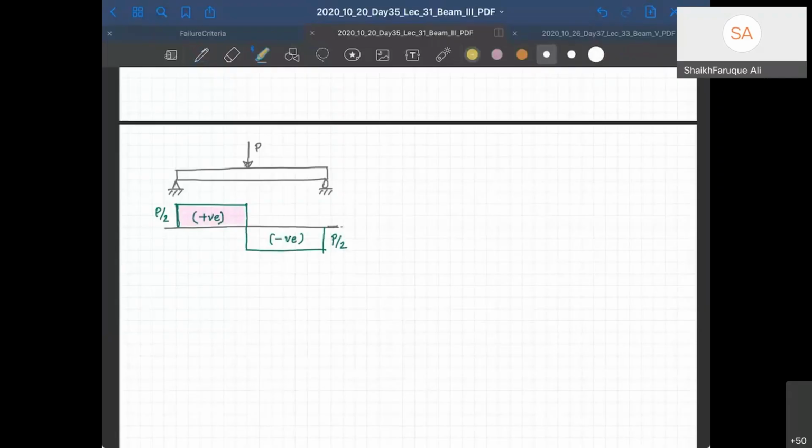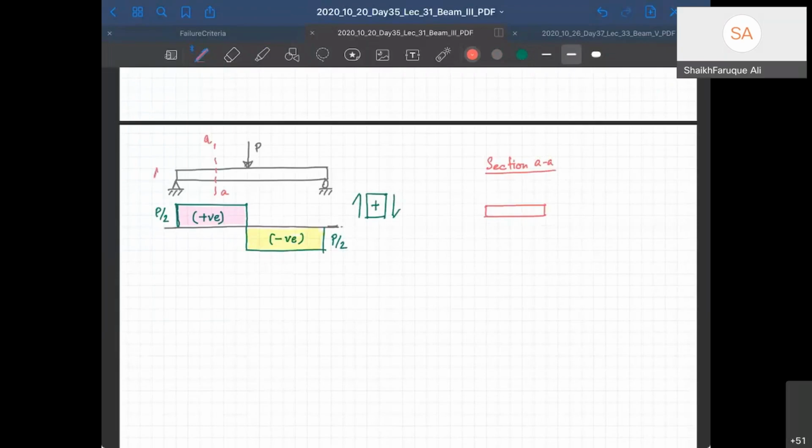What is my sign convention in that case? If you see for shear force, the sign convention is going to be something like this. Remember, sign conventions are very important and you have to always do this. So my sign convention for shear force positive is down this way, up this way. If you take a section here, AA, then you have this section like that, right?